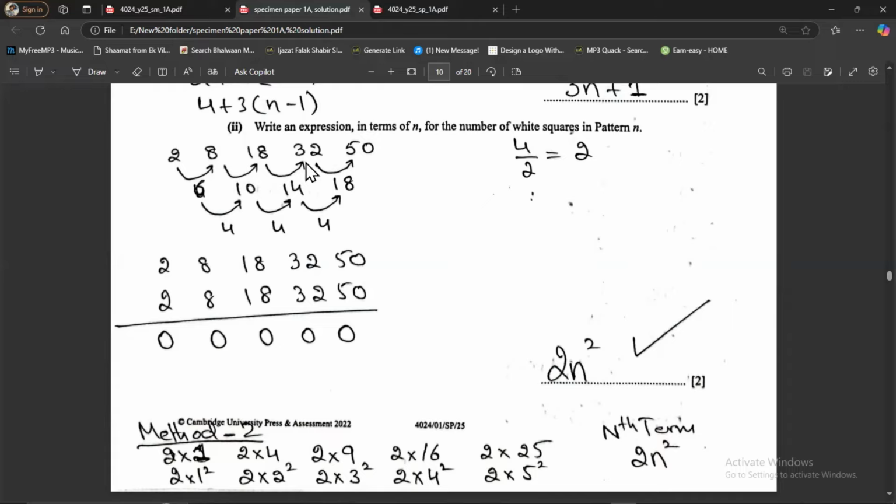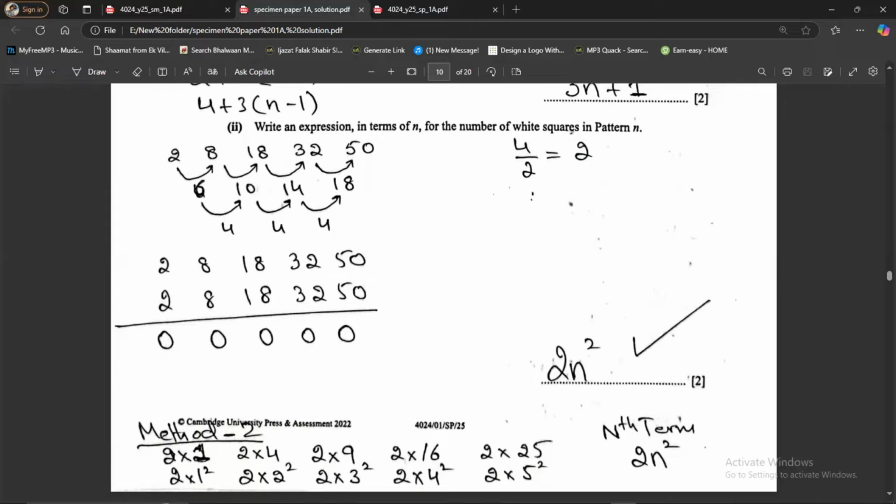Then you have 32, which is 2 into 16, and then 50, which is 2 into 25. So this is 2 into 1 square, 2 into 2 square, 2 into 3 square, 2 into 4 square, 2 into 5 square. So the nth term will be 2 into n square. The first term is 2 into 1 square, the second term is 2 into 2 square, the third term is 2 into 3 square, the fourth term is 2 into 4 square, the fifth term is 2 into 5 square.